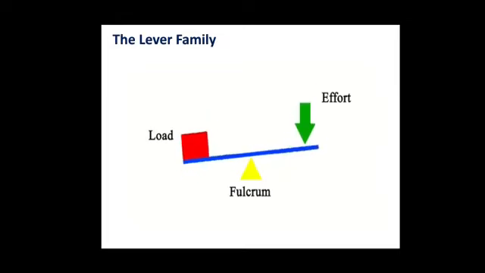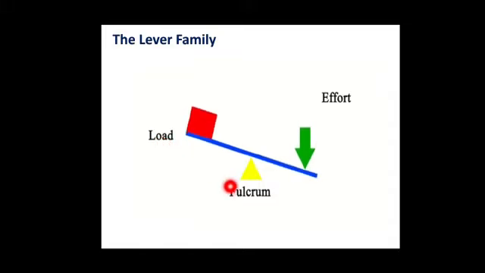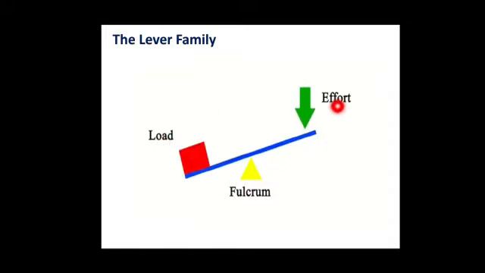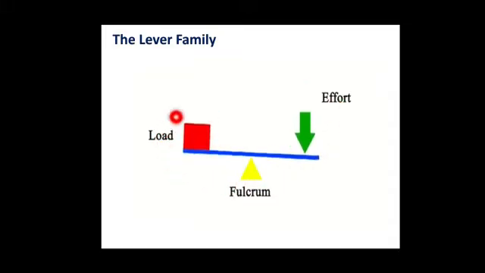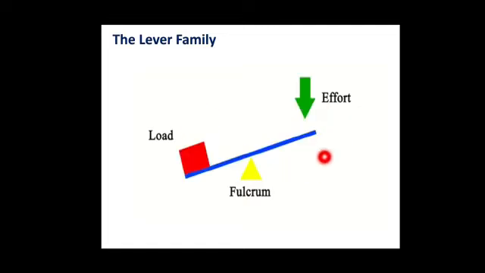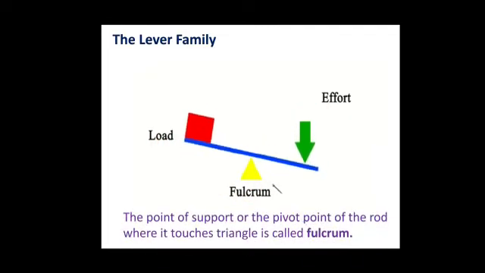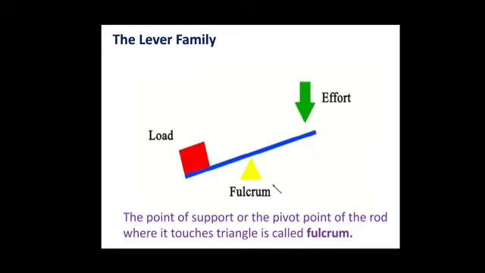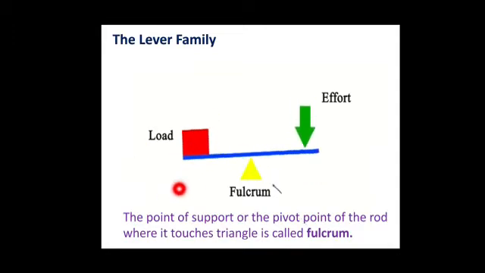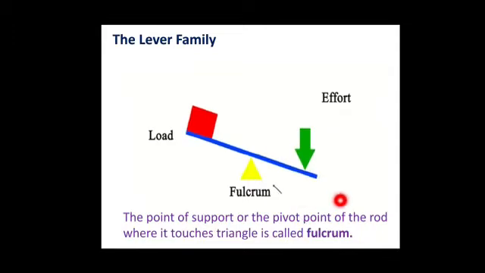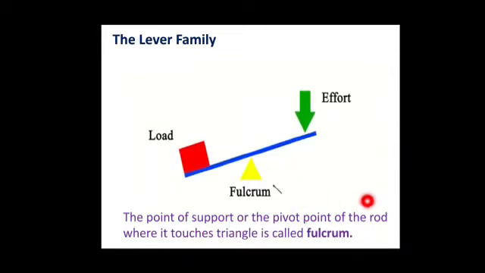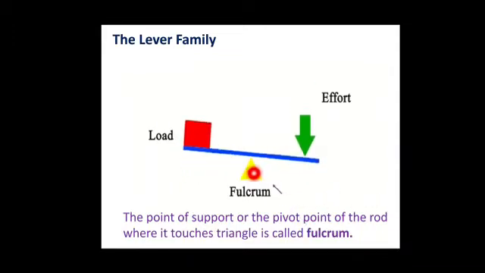Here you can see the load, fulcrum and effort. Today we will discuss effort, fulcrum and load. Dear students, the point of support or the pivot point of the rod where it touches the triangle is called the fulcrum.